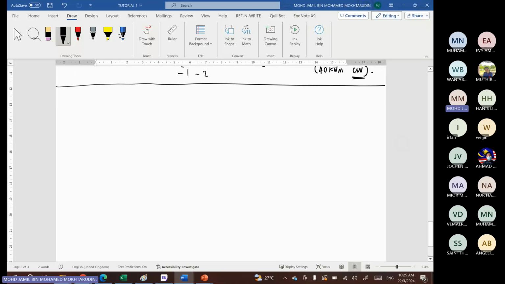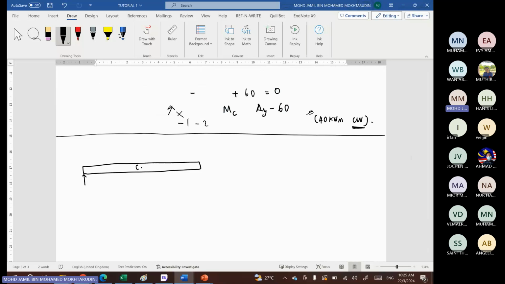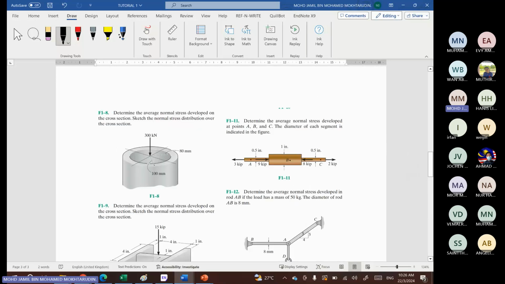Okay, so firstly, you need to draw the free body diagram, and then mark the points. So point C, we have point A over here. So point A is pin support.